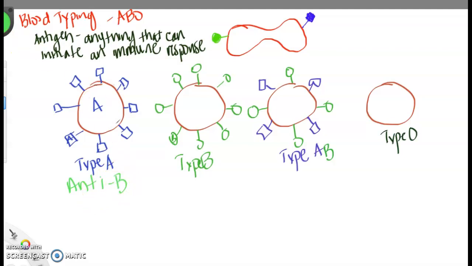All right, if you're a type B, then you have anti-A. So you have antibodies for A.